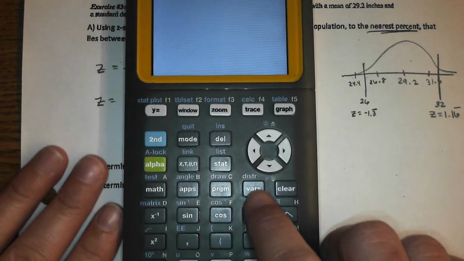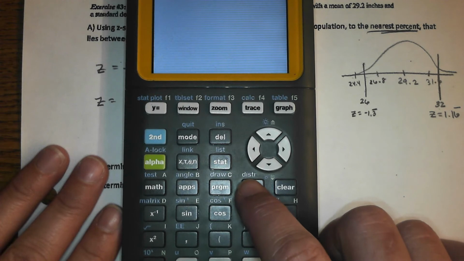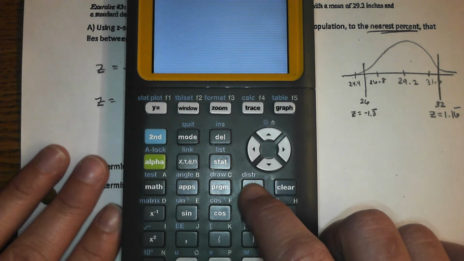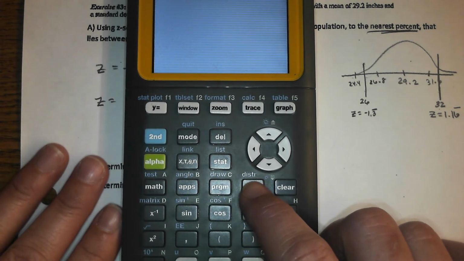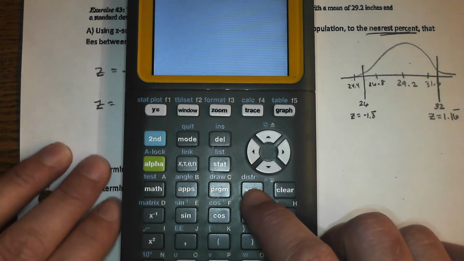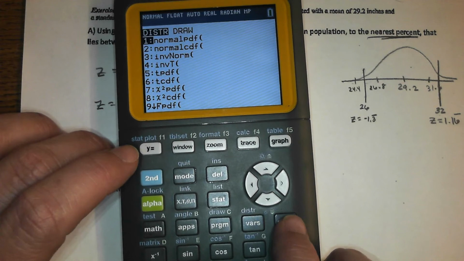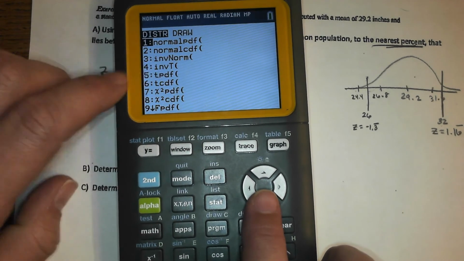There's this button, VARS, and above that it says DISTR. Guess what DISTR stands for? Distribution. And that's really what the normal distribution is. So we're going to hit second VARS and NormCDF.